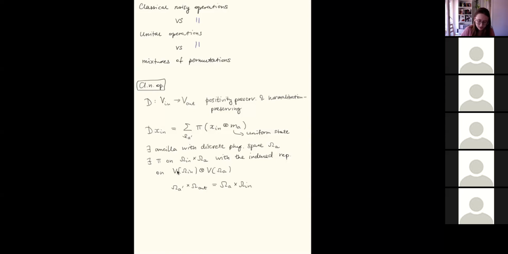Okay, so this is classical noisy operation. Then the other operation is, yeah, I think I made a small mistake here. So for classical noisy operation, this is called uniform preserving.